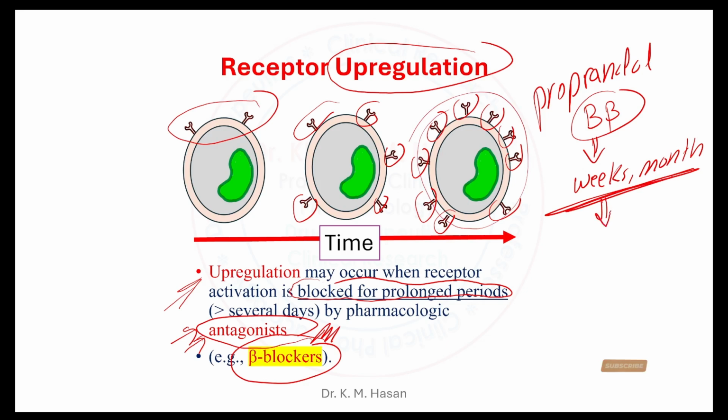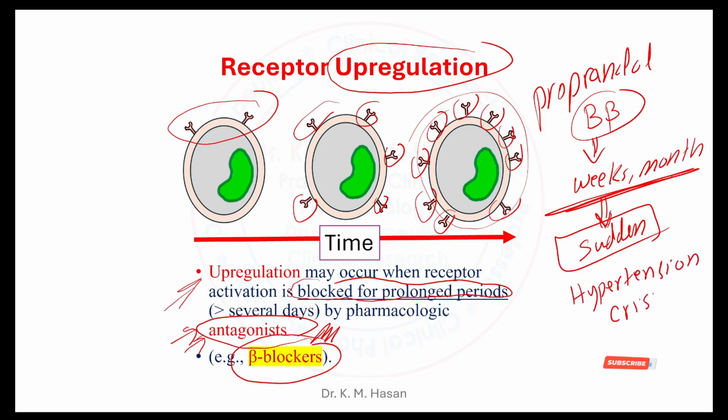If you decide to stop this medication suddenly, the situation will activate all these receptors and cause a hypertensive crisis. So for this reason, we recommend stopping this medication gradually to avoid activation of extra receptors.